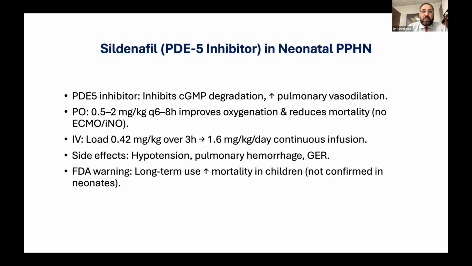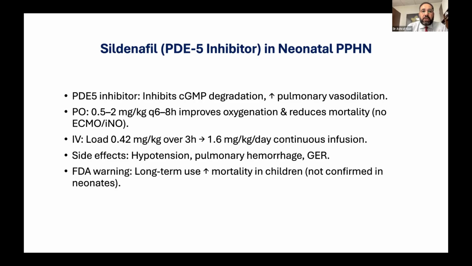Sildenafil is a PDE5 inhibitor, and it causes significant pulmonary vasodilation. It can be used as an IV after loading, up to 1.6 milligram per kilo per day, up to 2 milligram per kilo per day as a continuous infusion. If it's given orally, the bioavailability is less.